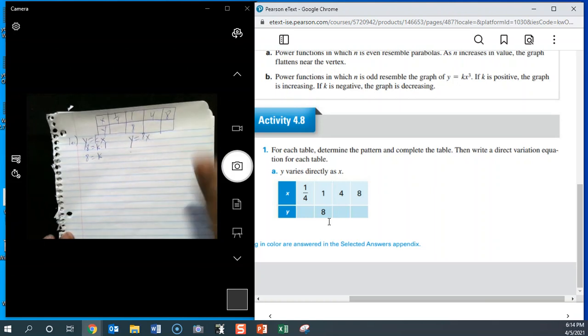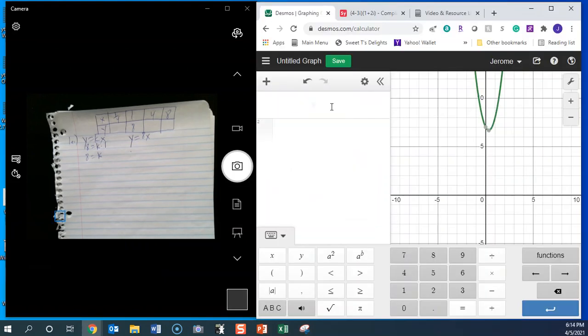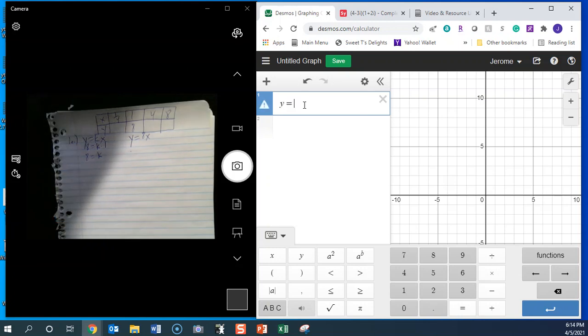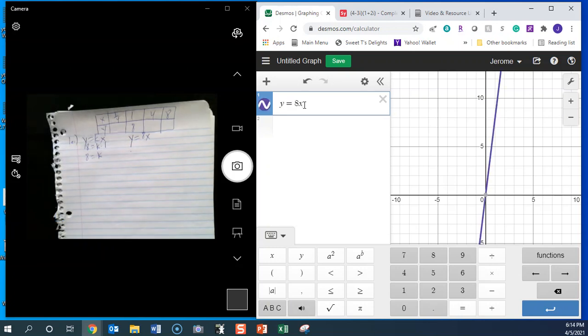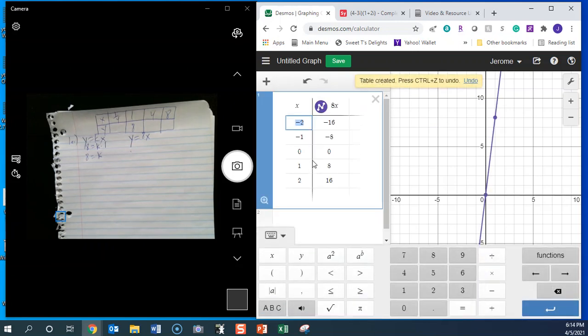As a matter of fact, now that we have this equation, why not utilize Desmos? We could type in y is equal to 8x. And then we could hit this wheel, hit the table, and then we could type in the values.